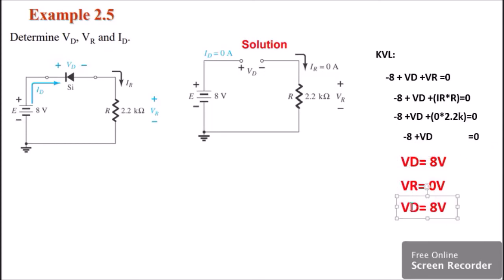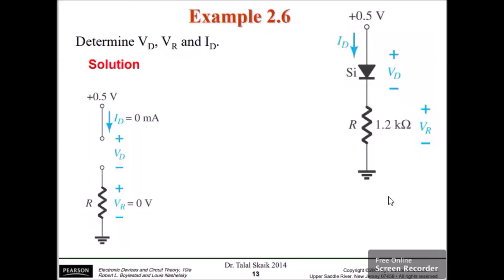And of course, our IR is equal to 0 ampere. Sorry, we're looking for ID. Our ID is equal to 0 ampere since it is an open circuit. So that's how easy it is, guys. Let's have another example.